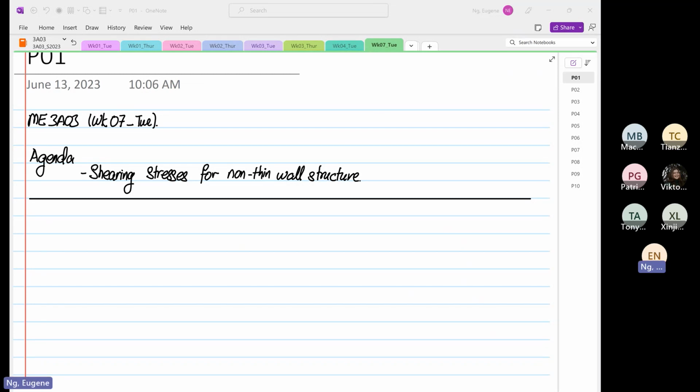So today we are going to go into shearing stress for non-thin wall structures.